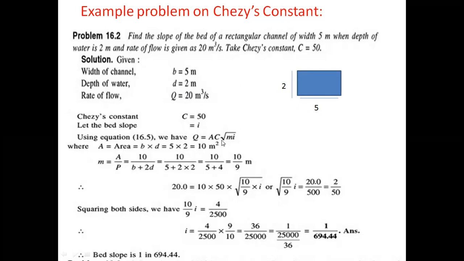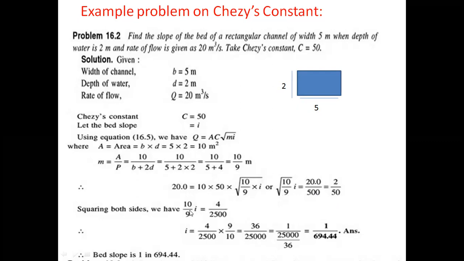Now the formula Q equal to A C root of m i. The discharge value is 20, the area value is 10, and the Chezy's constant, already given, is 50, into root of the hydraulic mean depth 10 by 9 into i. So 20 by 10 into 50 equal to 20 by 500, and cancelling the zero we get 2 by 50.